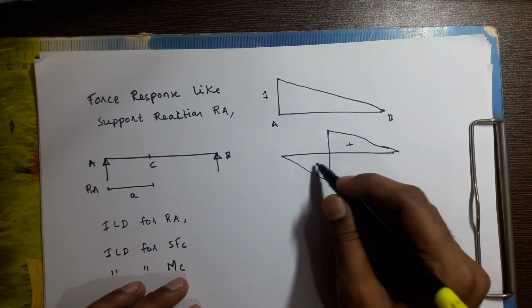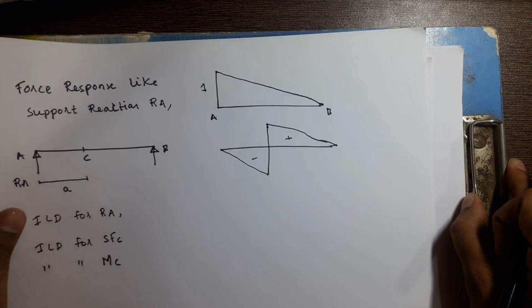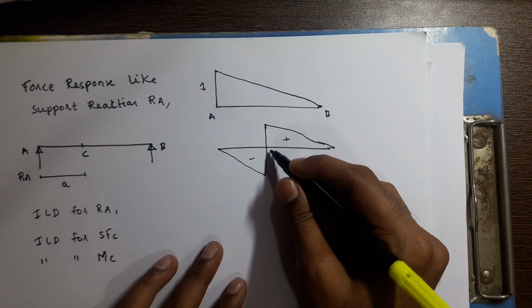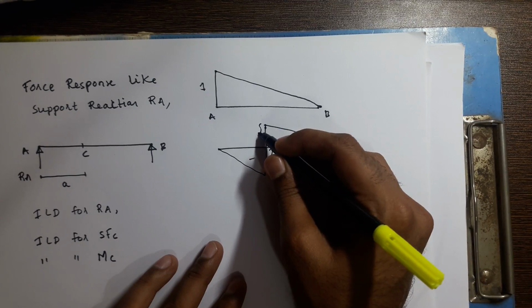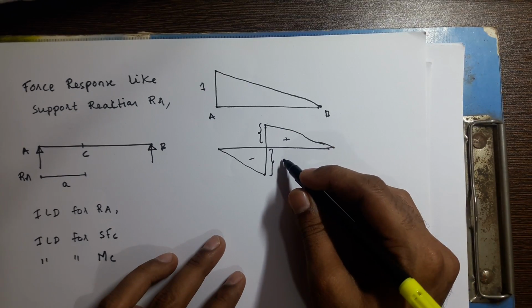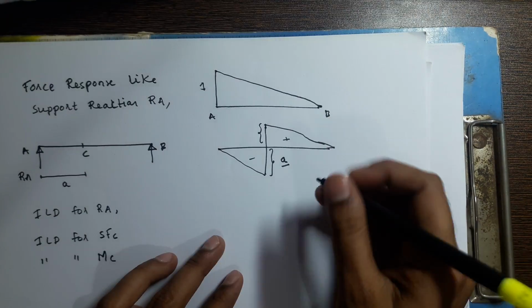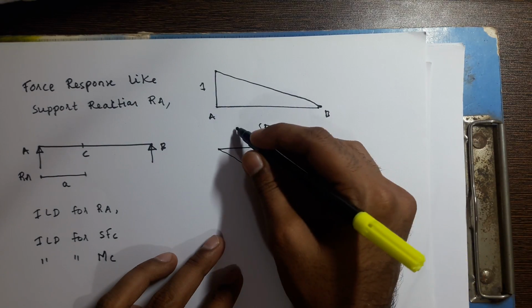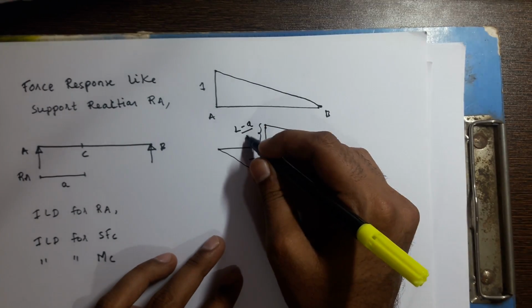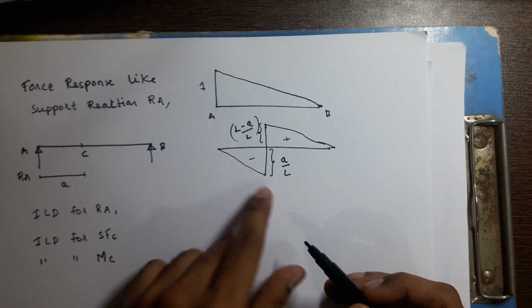Straight line. So here this is negative shear force and this is positive shear force. This is A by L and this will be L minus A by L. You know L and you also know A.